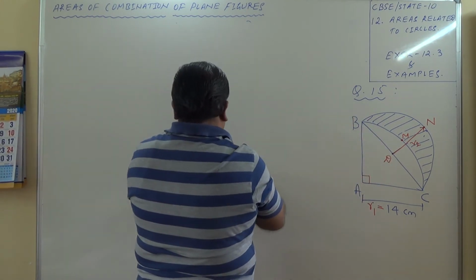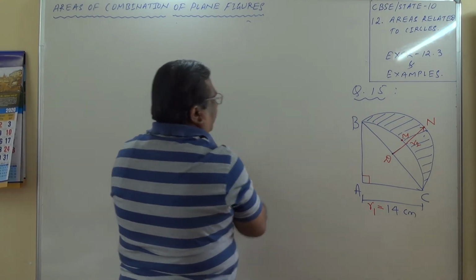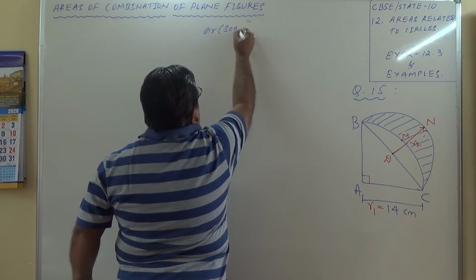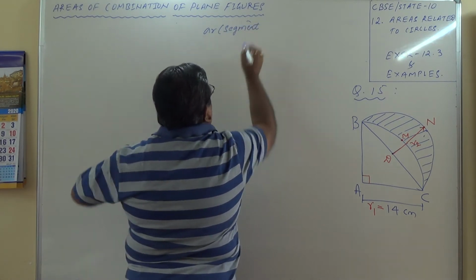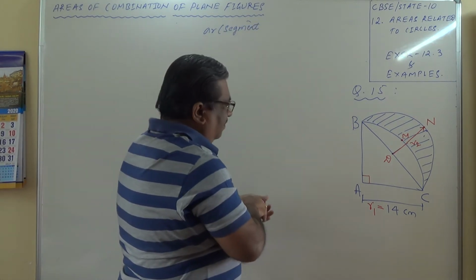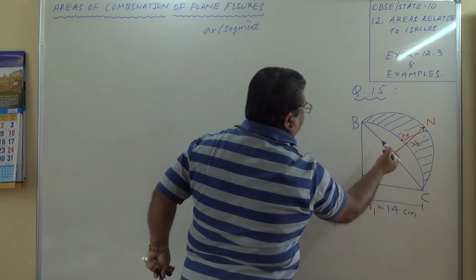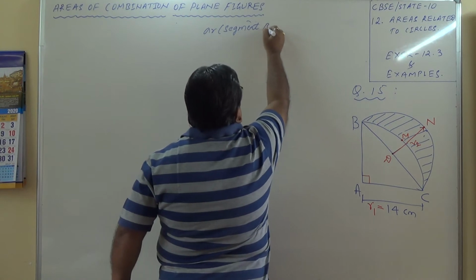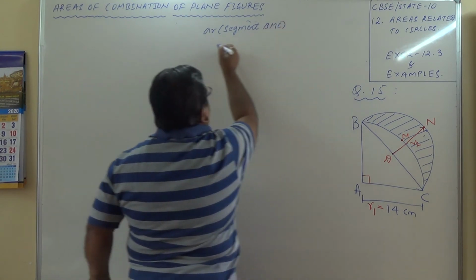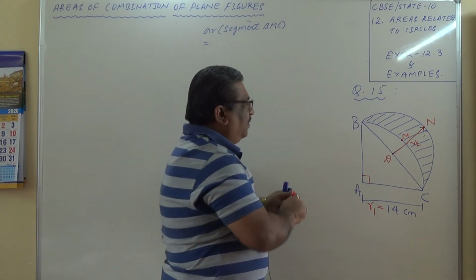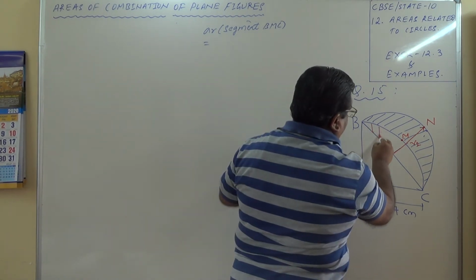First we will find area of segment BMC. I hope you are able to understand what is the area of the segment BMC. With red I will mark this.